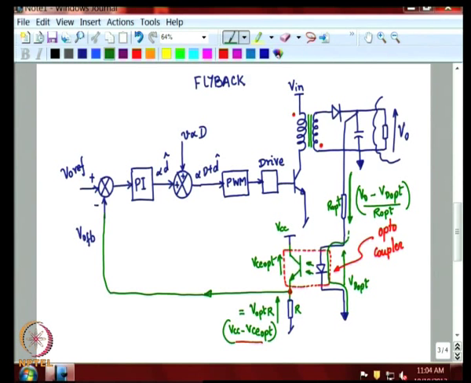In more precise circuits, where you need precise output regulation, the current transfer ratio of the opto coupler and the voltage across the opto coupler is dependent on temperature, especially the voltage VD opt is dependent on temperature.